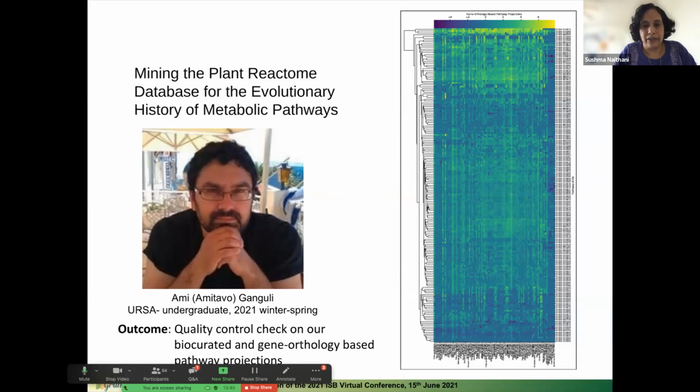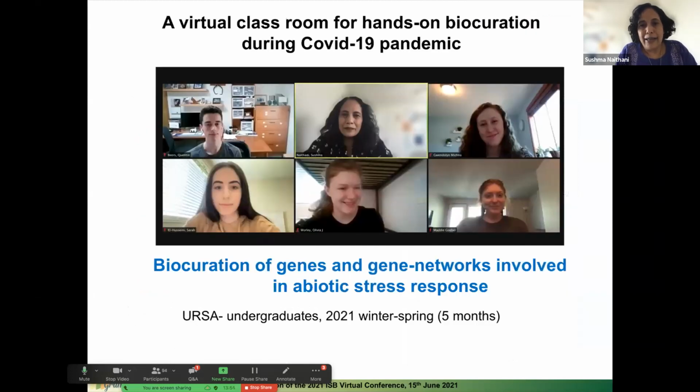And also it gave us the opportunity to look into the evolutionary history of various reactions and metabolic pathways across all these 106 species.